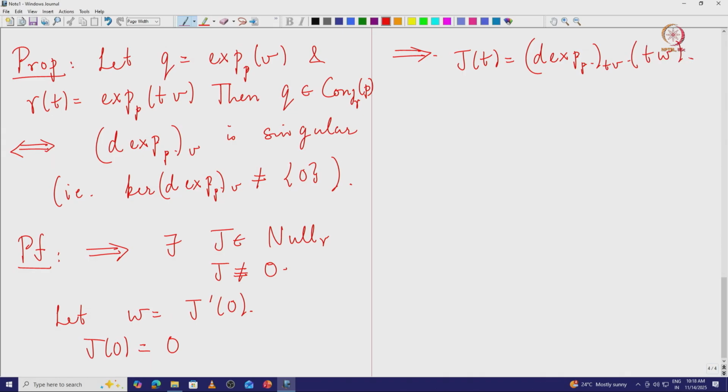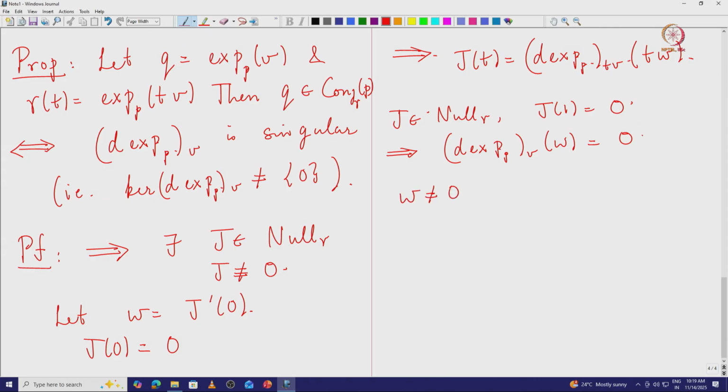But then if you evaluate this map at 1, firstly because J belongs to the null space, we also have that J of 1 is equal to 0, because gamma of 1 is the point Q. So if you plug in 1 in this formula, the derivative of the exponential map at V acting on W is 0, and clearly W is non-zero because J is non-trivial.